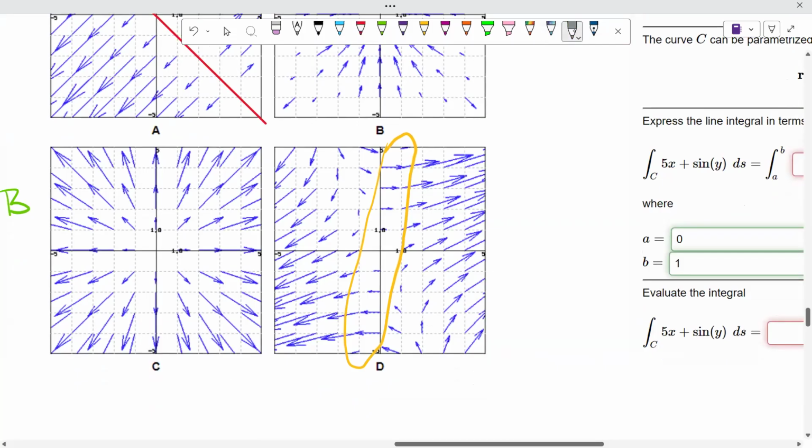So that suggests to me that this field along these lines has something going on for x, but along the y-axis, that's at 0. My field should be 0 along the y-axis, the y-axis, of course, being the line x equals 0.